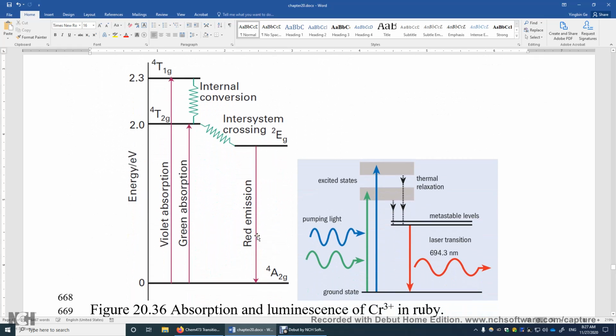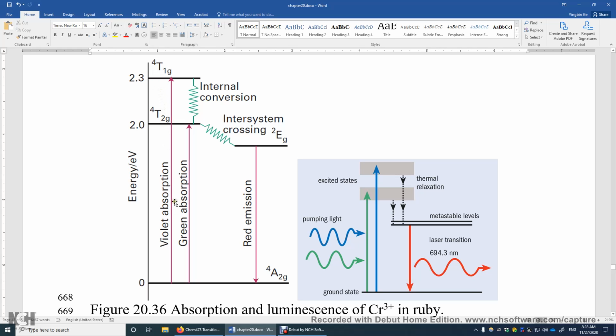Now let's look at the terms of chromium 3+, surrounded by 6 oxide ligands. The ground term is 4A2g. Then let's look at the first 2 excited terms with the same spin multiplicity: 4T2g and 4T1g.